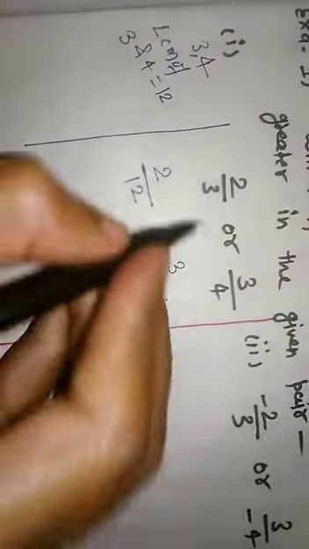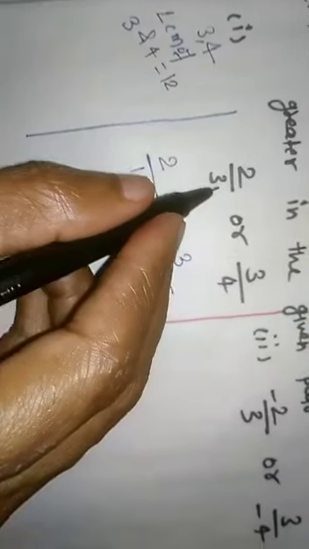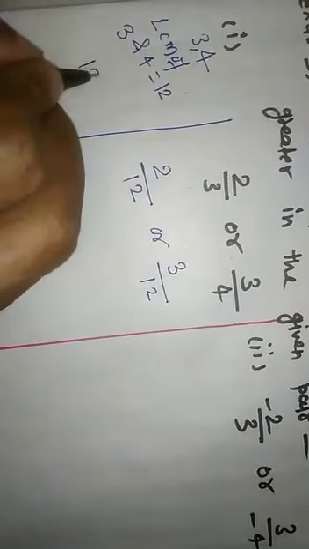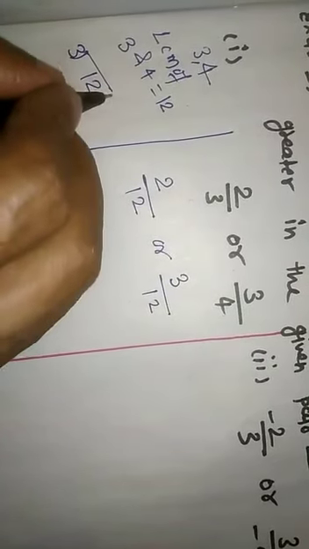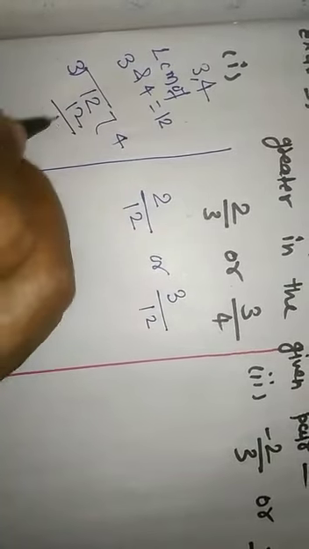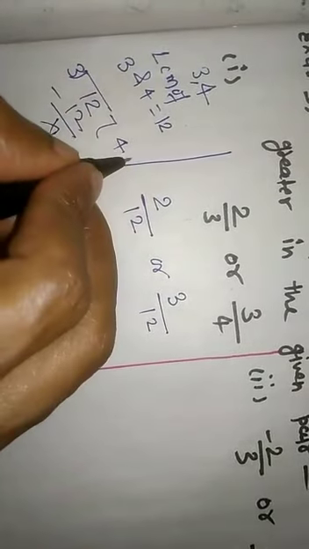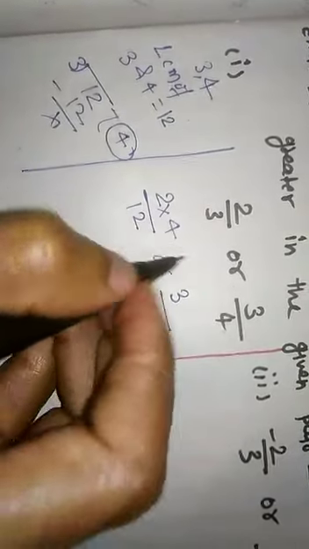Now your next step: divide the LCM by their denominator. 12 divided by 3. What do you get? 4. So 2 is multiplied by 4.